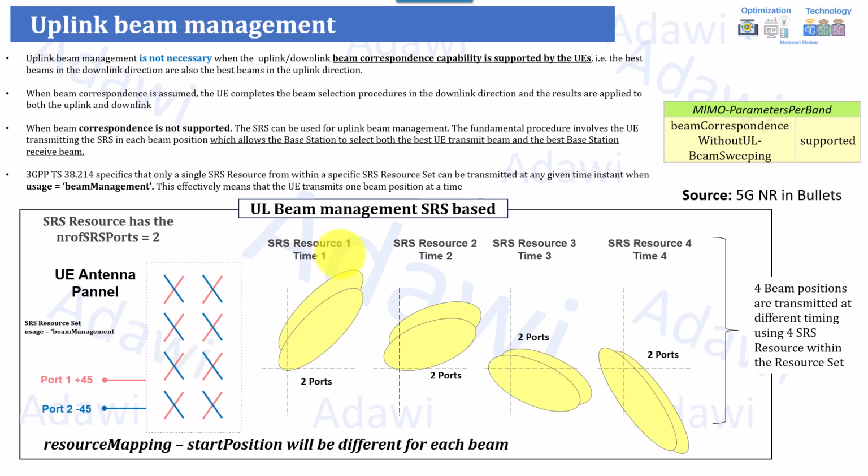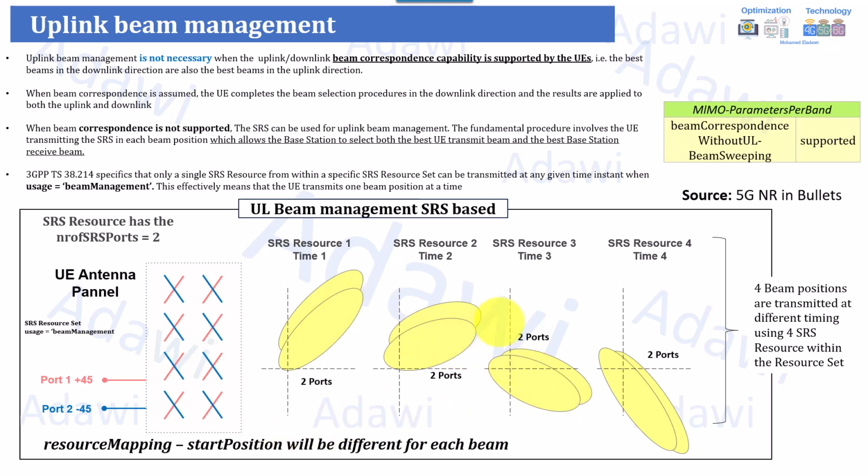For example, the gNB would like to tell the user, I would like you to use SRS resource 1 or 4 in future uplink transmission, for example for PUSCH. That's why it needs a unique identity for each of them. So whenever the gNB signals back the identity of the best beam, the UE will understand which one has been selected.